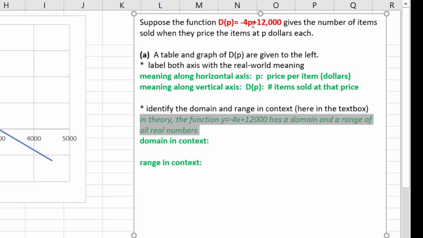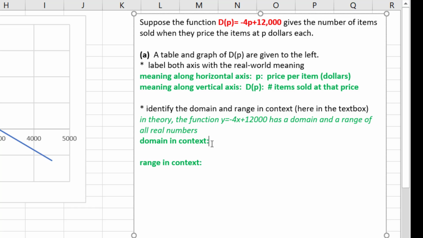There's no number you could plug in for p which would produce an undefined output, or things like square roots of negatives or division by 0. No matter what number you plug in, you'll be able to multiply it by negative 4, add 12,000, and get an answer. So in theory, this equation has a domain and range of all real numbers.